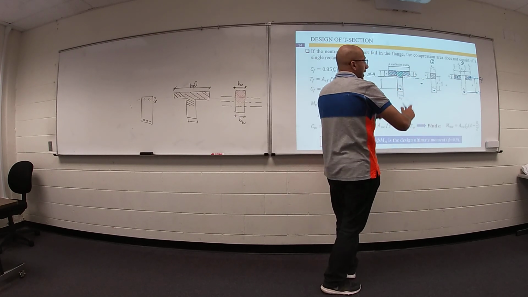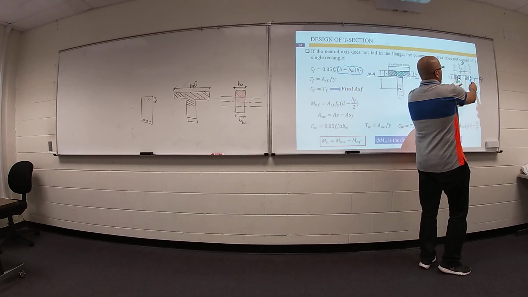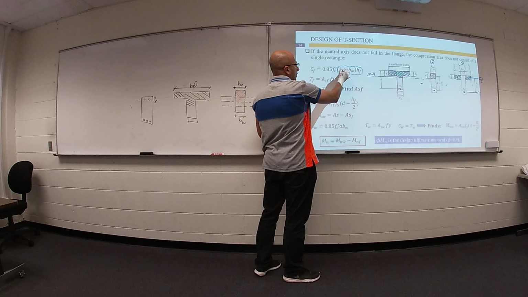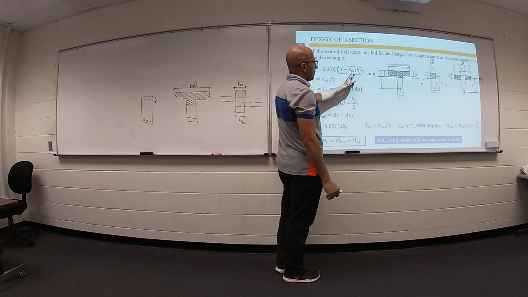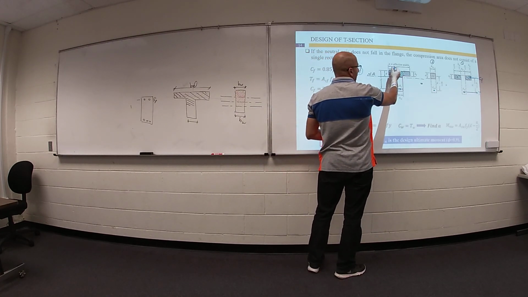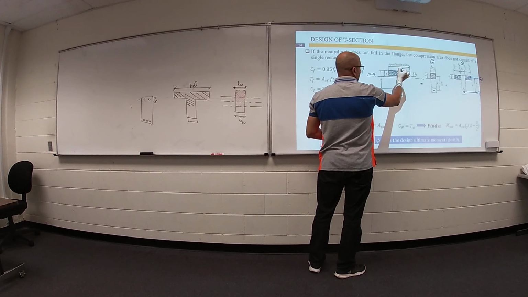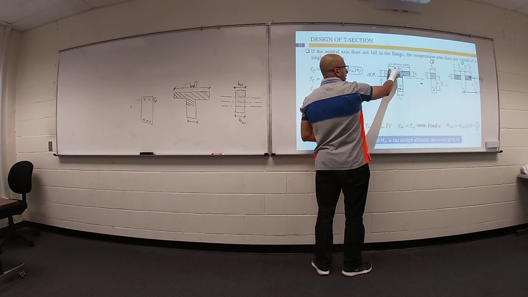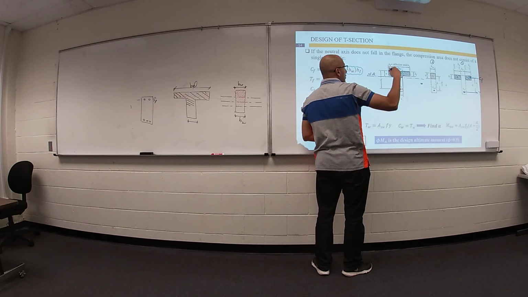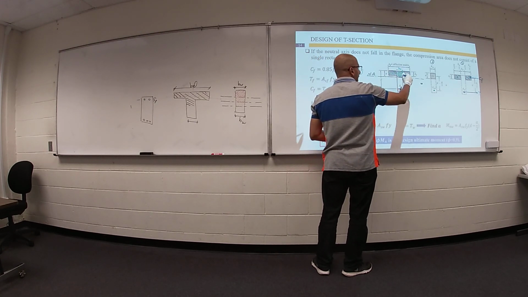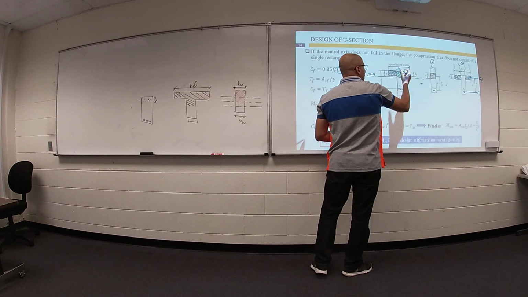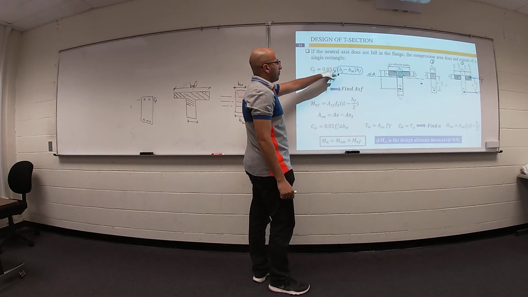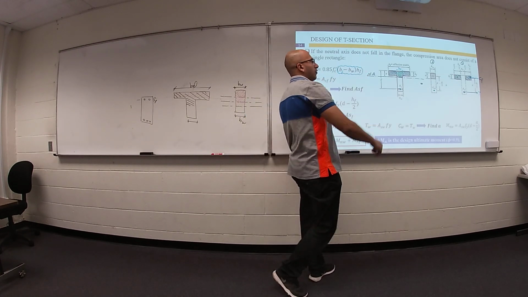That gives you this total area, this one plus this one. So b flange minus b web equals this distance plus this distance, times h flange, the thickness, equals this area. Times 0.85 f'c gives you the compressive force.